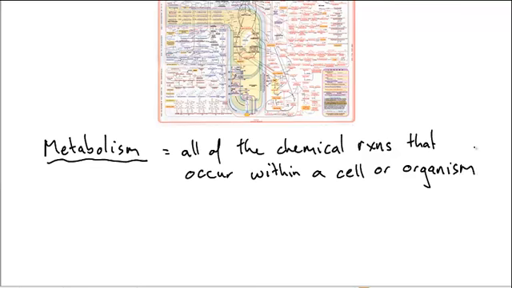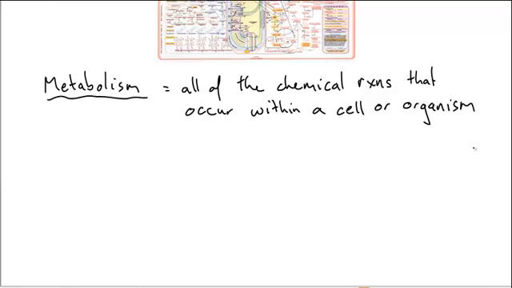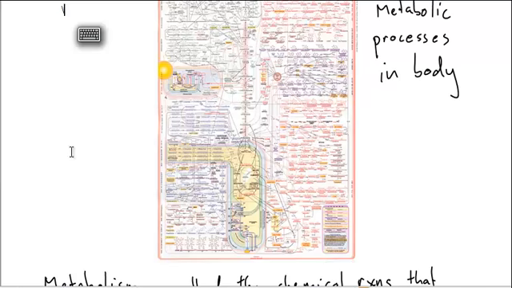As we are in a single cell, when we talk about metabolism, we're generally talking about all of our cells considered together. But there's really 2 types of reactions that occur within metabolism. The first is called anabolism.